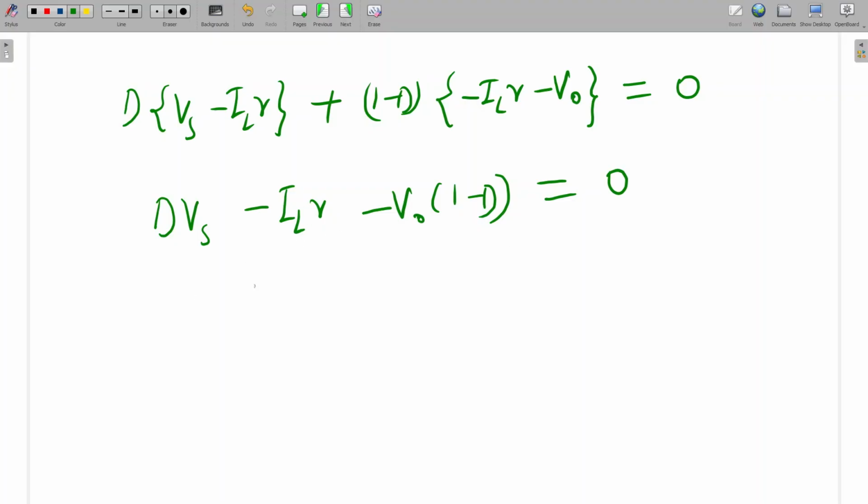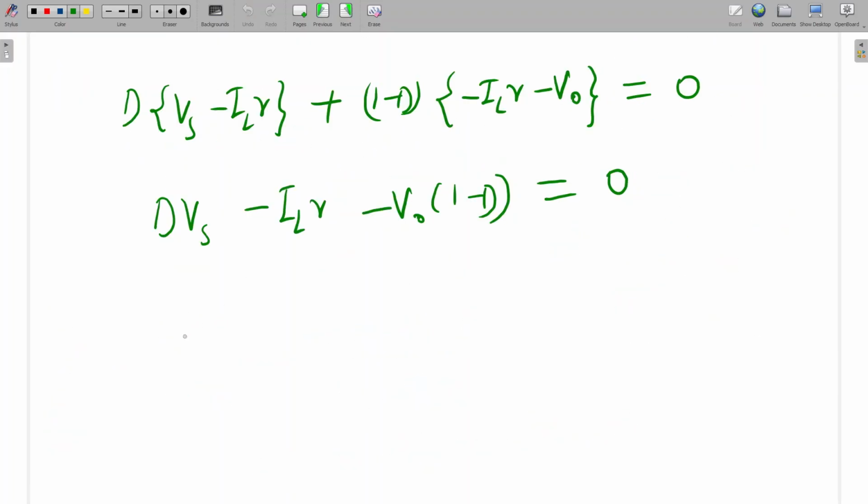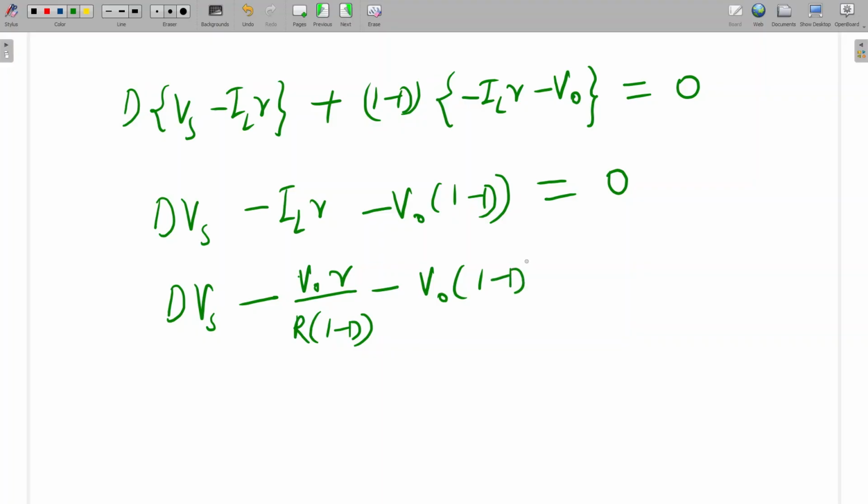I'm going to write this one. IL we have already calculated here: V naught divided by R into 1 minus D. So D Vs minus IL, which is V naught divided by R into (1 minus D), and here it is a small r, minus V naught into 1 minus D. This should be equal to 0.